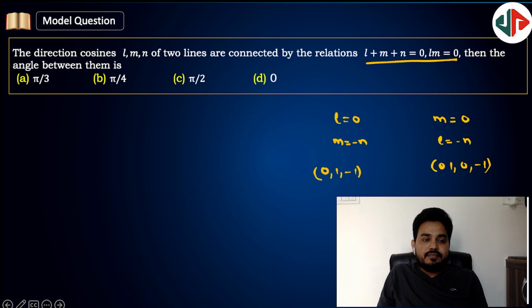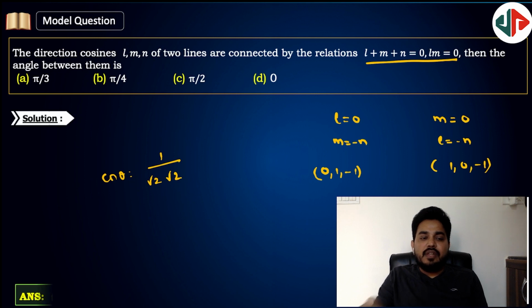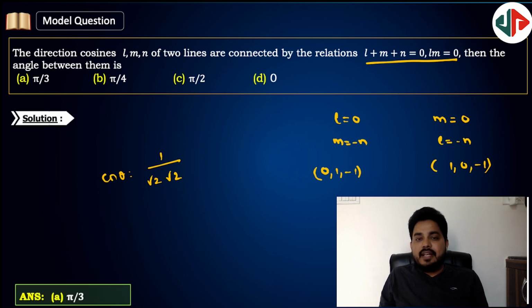Okay? So in that case, they are asking the angle between them. So cos theta is equal to 0, next one 0, so 1 by root 2 into root 2. Answer is equal to pi by 3 because cos theta is equal to 1 by 2.